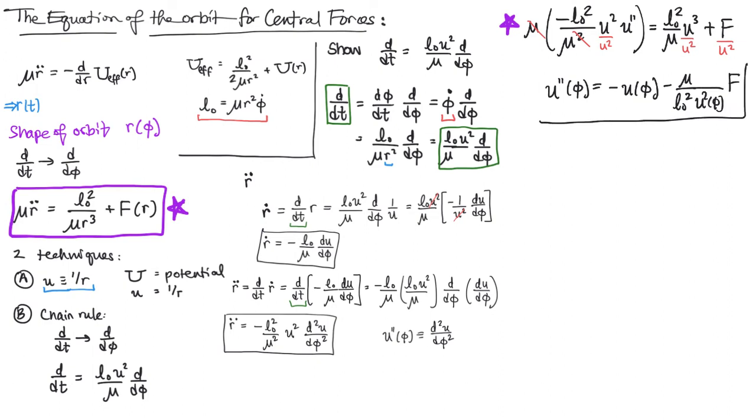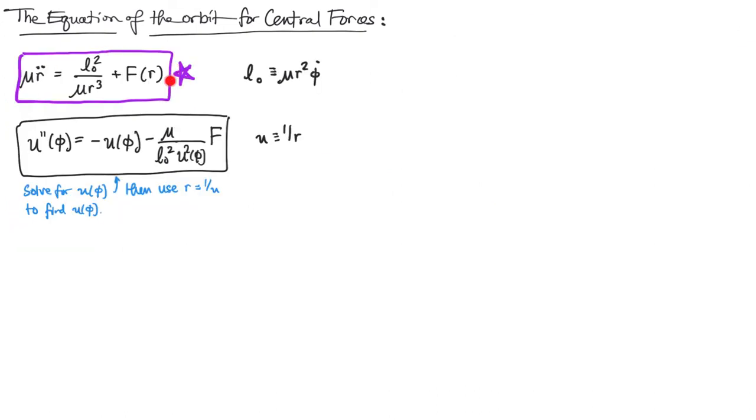So this is our new equation to find the shape of the orbit. The shape of the orbit, again, being the separation r as a function of angle. So first, the differential equation we'll solve mathematically will give us u as a function of angle, but u is simply 1 over r. So once we know u, we know r as a function of angle. So we have these two main results.